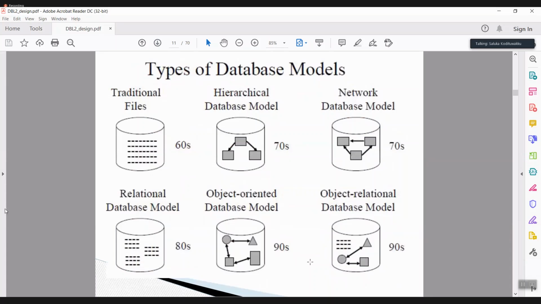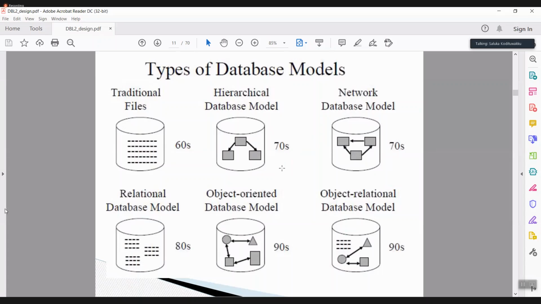Over the years, different database models have been proposed and used. The earliest one is, as we discussed, the traditional file-based database, in the 60s. Because of the limitations of the traditional file, in the 70s they moved to the hierarchical database model, which means the entities are related in a tree structure.